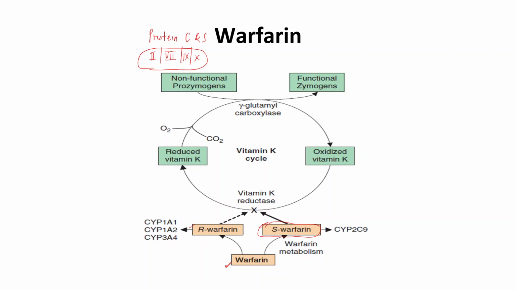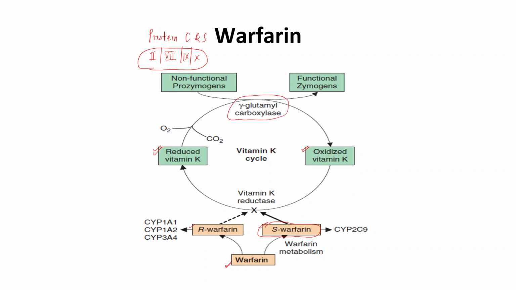Now, the reduced form of vitamin K is required for this activation of clotting factors. In the process of activating these factors, vitamin K has to be oxidized. The enzyme responsible for this process is gamma glutamyl carboxylase.